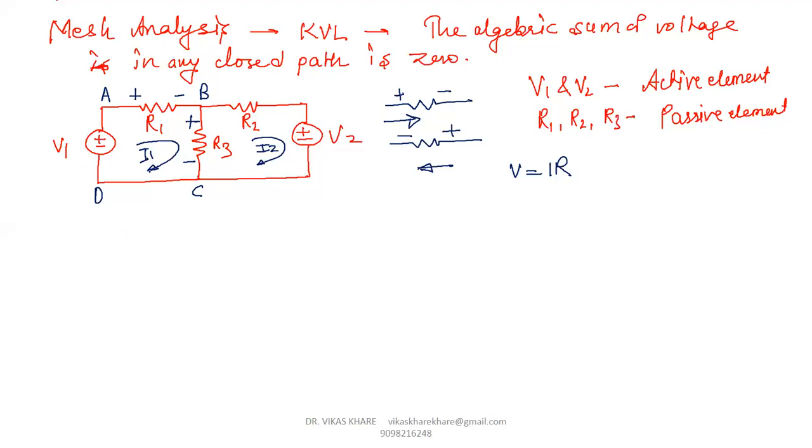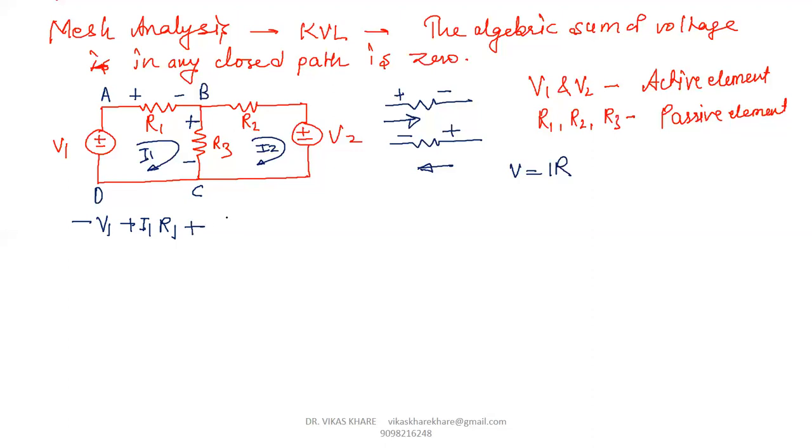So in the mesh equation, the first sign is negative for the battery: minus V1. Across the resistor, V equals IR, so plus I1 into R1.